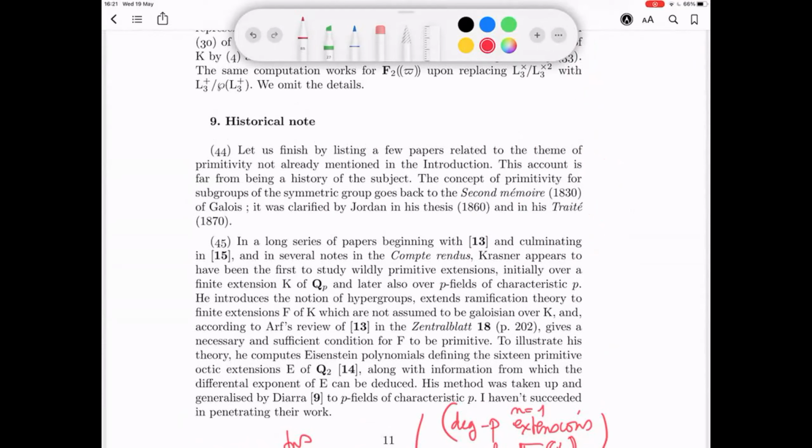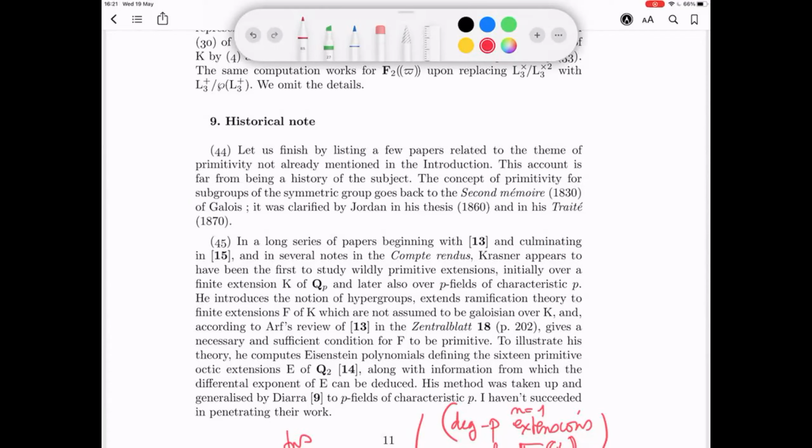Even quadratic extensions of Q2 don't follow the usual pattern of quadratic extensions of QP when P is odd. Because when P is odd, you have only 3 quadratic extensions. But when P is equal to 2, Q2 has 7 quadratic extensions.